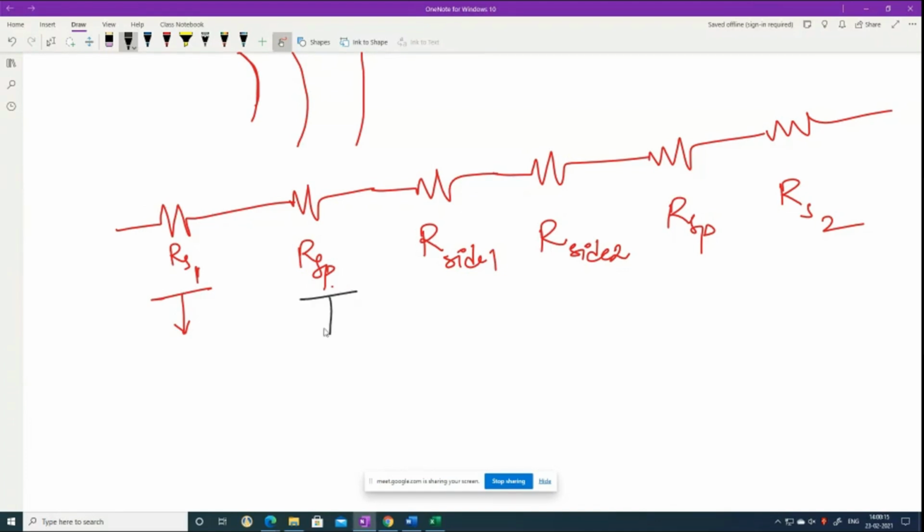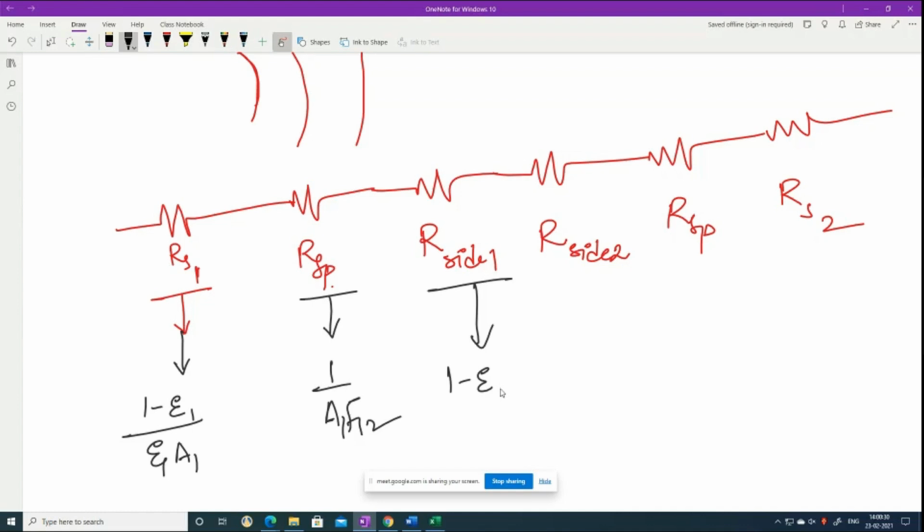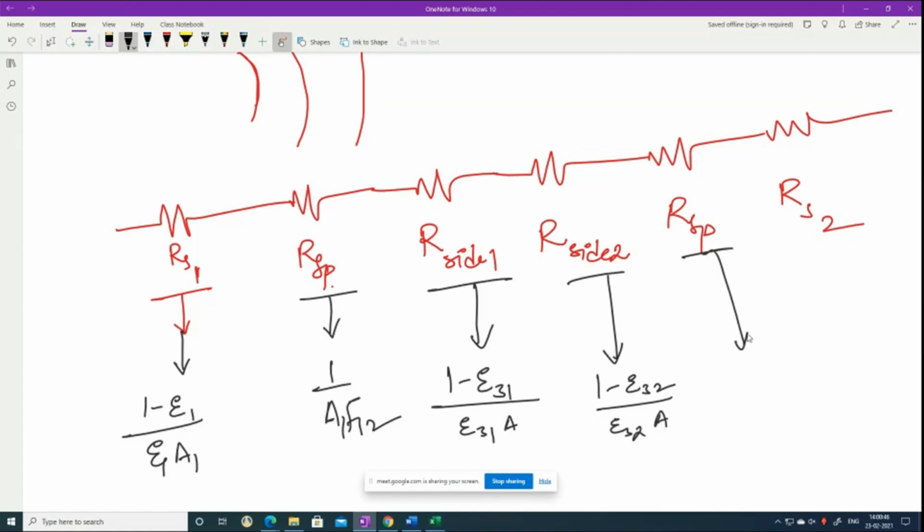For space, 1 by A1 F1 2. This one, 1 minus epsilon 1 by epsilon 1 A1. So how about this one? 1 minus epsilon 3 1 by epsilon 3 1 A. Here, 1 minus epsilon 3 2 by epsilon 3 2 A. Space 1 by A2 F2.